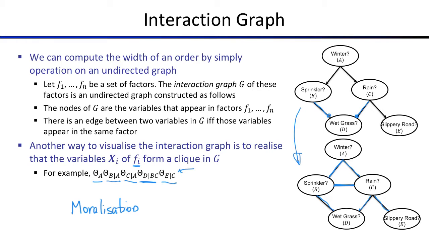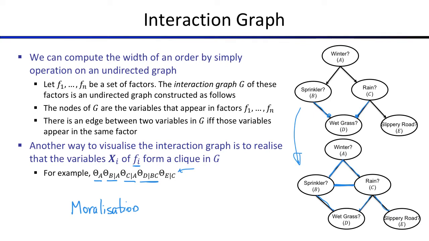The only difference here is that, again, we have a clique over a, that is just a. We have a clique over two variables b and a, and there's going to be a connection between b and a. We have a clique for variables c and a. Again, it's an undirected edge connecting these two variables, and the only difference is going to be here, where we need to make a clique over variables d, b, and c.